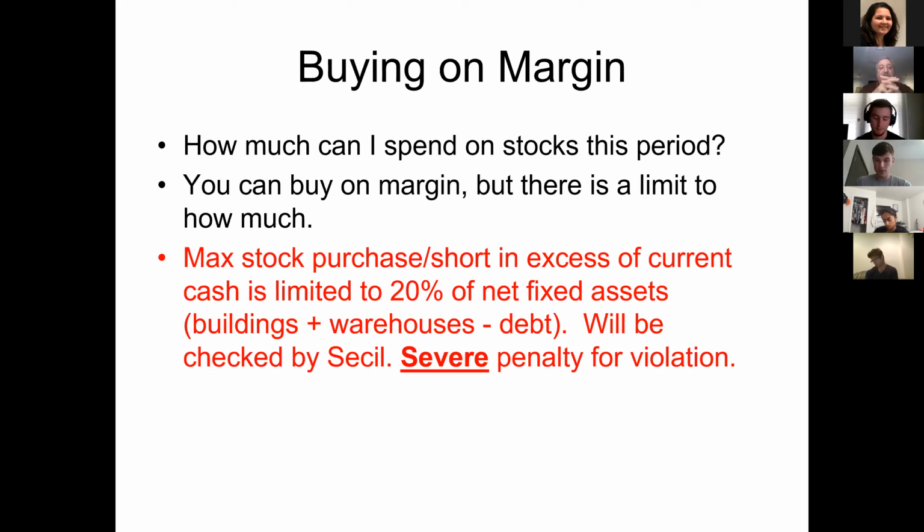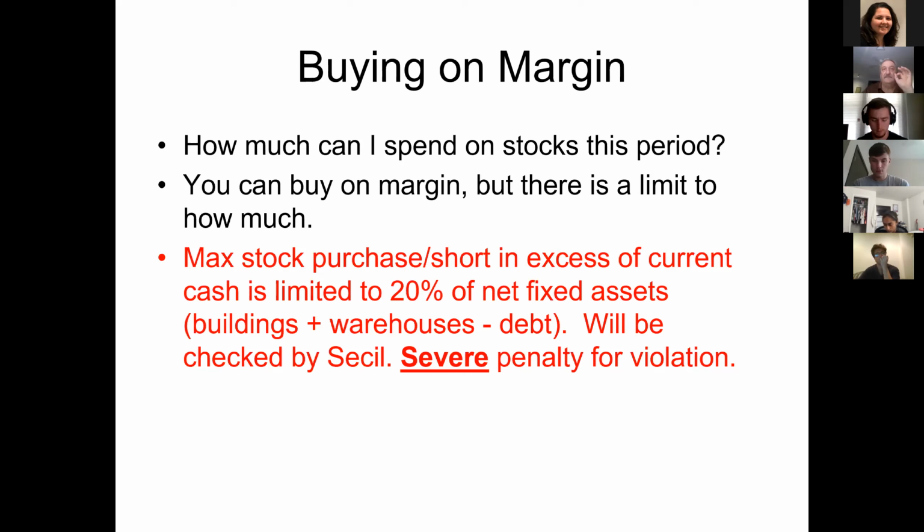Okay, so how much are you allowed to? Here's the rule. If you take 20% of the value of your fixed assets, buildings, warehouses, minus your debt, right? You can borrow up to 20% of that number to buy stocks.